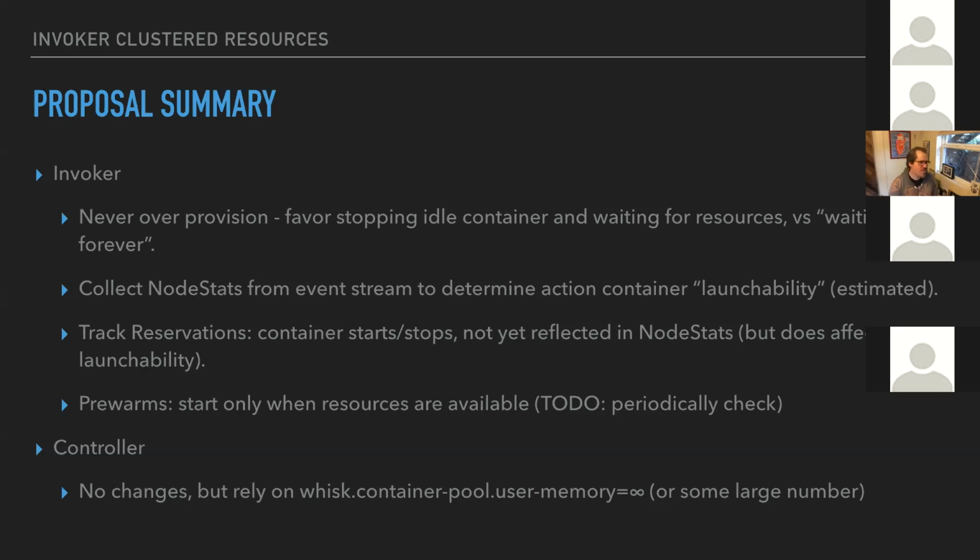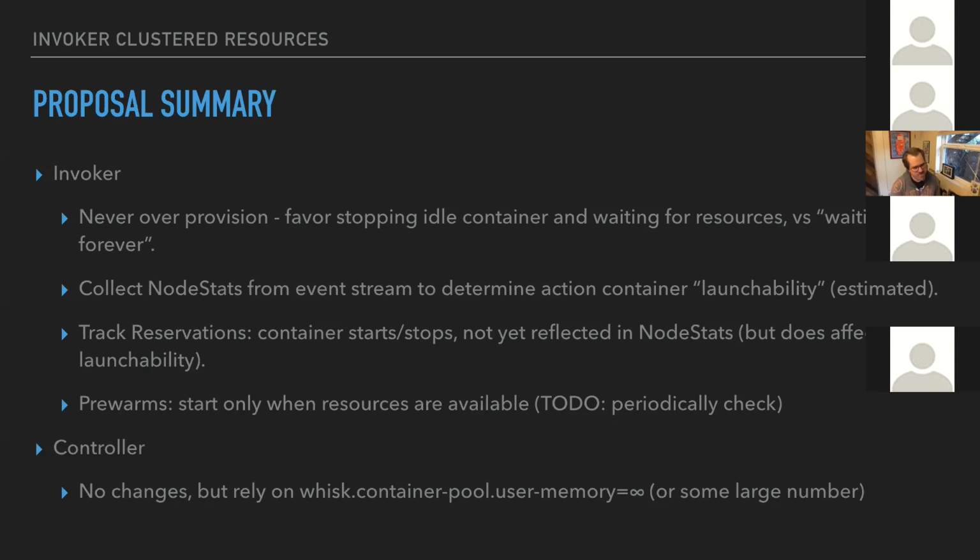So in order to do that, we can collect stats on the nodes that are launching action containers so that we can determine some launchability. And this will be an estimate, but in general, we can get pretty close to detecting whether the scheduler is going to be able to launch this container or not.